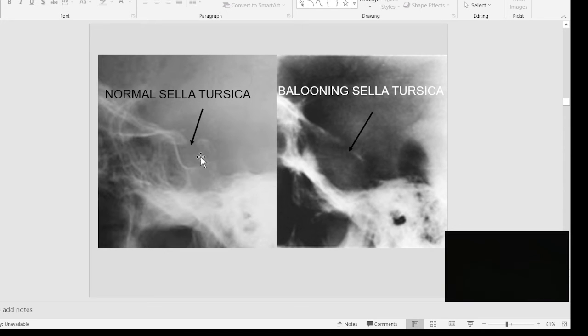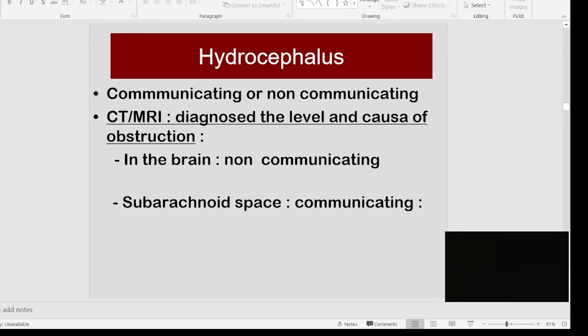This is an example wherein your sella turcica is ballooning, large. It might be because of a tumor again, or it could be a tumor of the pituitary gland. So we could also find hydrocephalus.